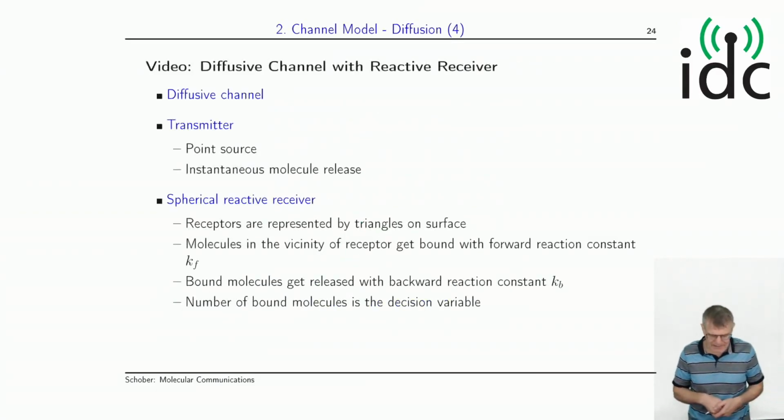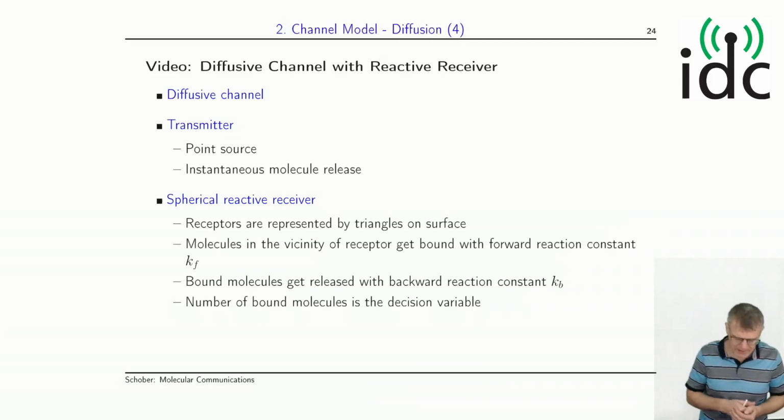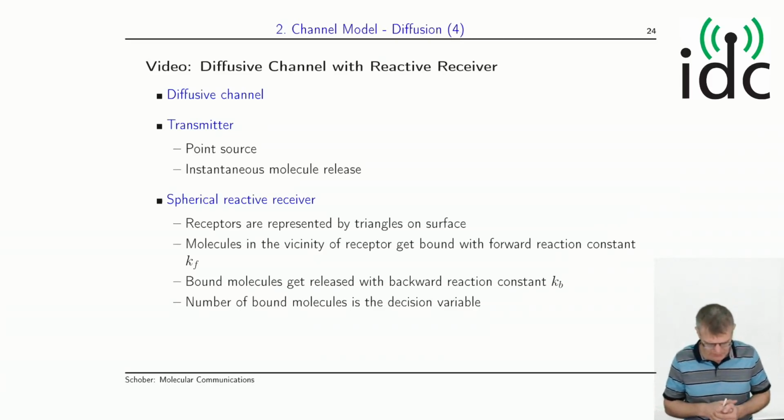To make this even clearer and also to add a little bit more reality to it, I actually want to show you a video for such a diffusive channel. We keep the transmitter as it was, so we have a point source transmitter and an instantaneous release, but we make the receiver slightly more realistic. So instead of having just a point receiver that observes the concentration, we actually try to model a cell.